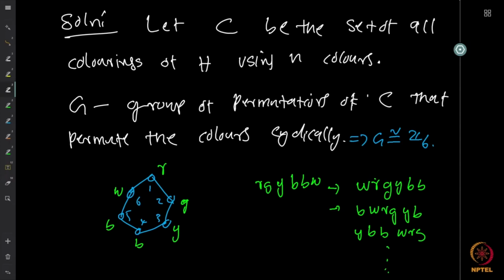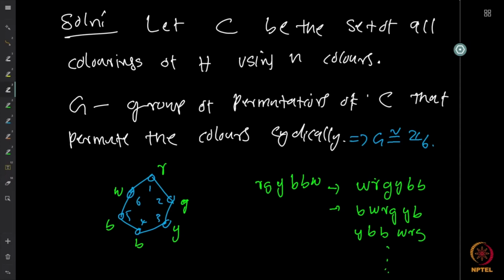So now let us look at a coloring of the vertices. So let's say R G Y B B Y B B W. So red, green, yellow, blue, and white. Now once I rotate this, what happens? I can get, for example, red going to green, green going to yellow, yellow going to blue, blue going to blue, and blue going to white, and white going to red.